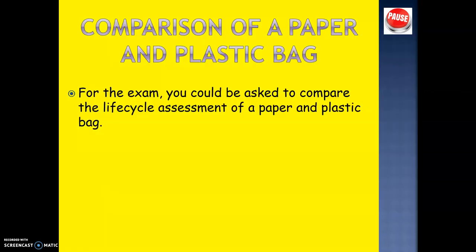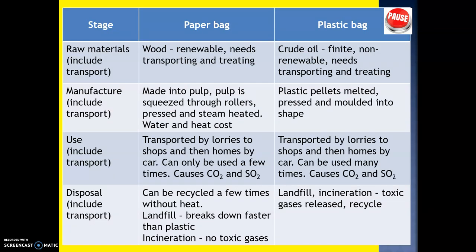Okay, so in your GCSE chemistry exam, you could be asked to compare the life cycle assessment of a paper and a plastic bag. So how the 2 life cycle assessments are different and where they're similar as well. So on the screen is some key information here about the raw materials used, manufacture, use and disposal, and the differences between a paper bag and a plastic bag.